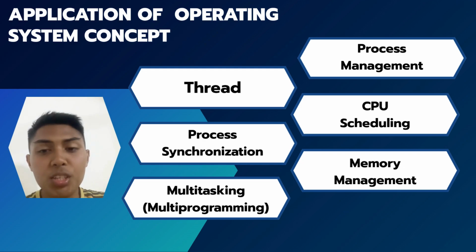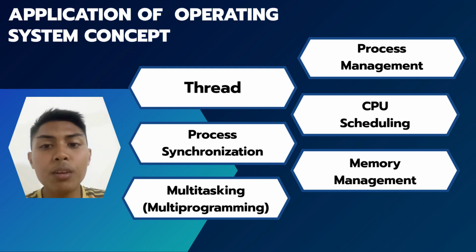For memory management, the operating system allocates memory to different applications efficiently. It ensures that each process like CCTV, payment kiosks, sensors, and cloud services gets enough memory to run properly without interfering with each other.